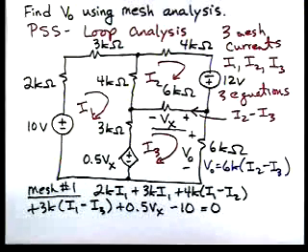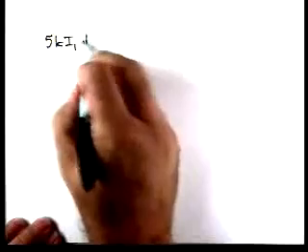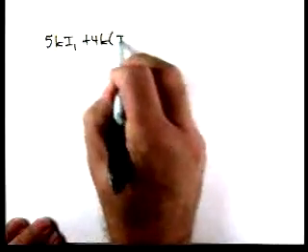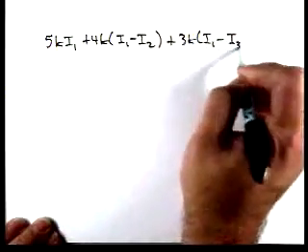So let's go ahead and make that substitution and eliminate Vx from the problem. If we collect some terms, we'll have 5K I1 plus 4K times (I1 minus I2) plus 3K times (I1 minus I3).